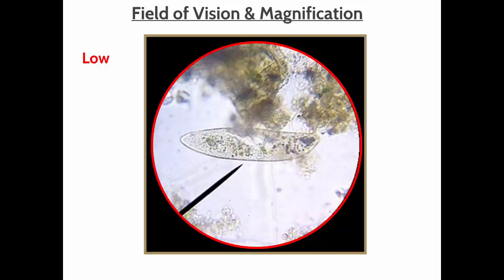It's smaller. We're zooming in, so our field of view gets smaller as we switch from low to medium power. We see things closer up, but not as much of the object. And when we go to high power, we zoom in even further and see an even smaller area.